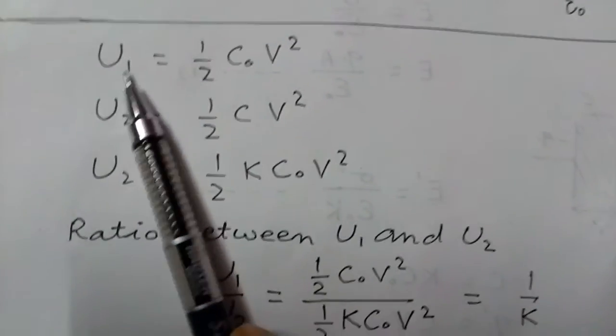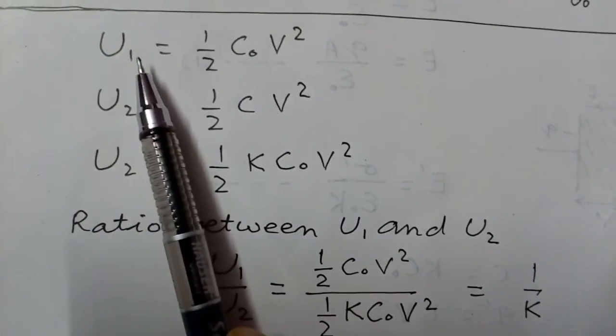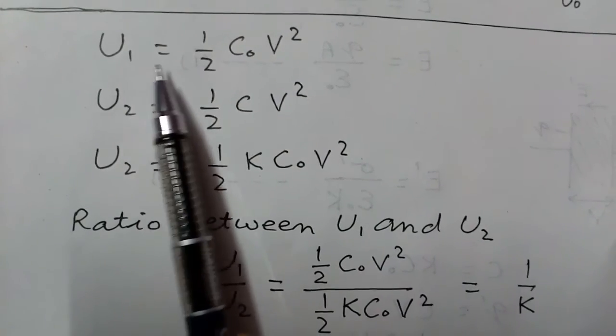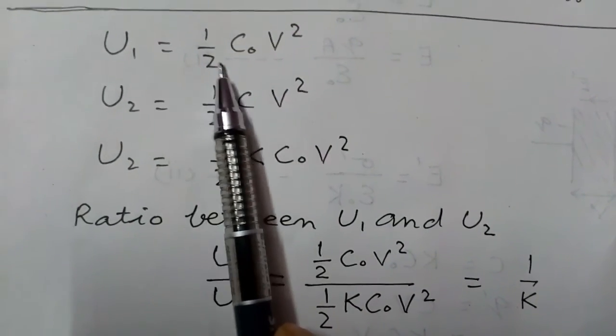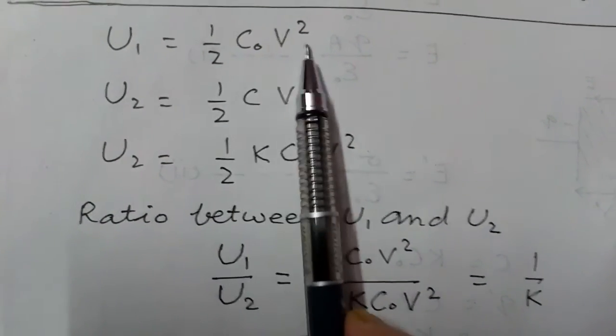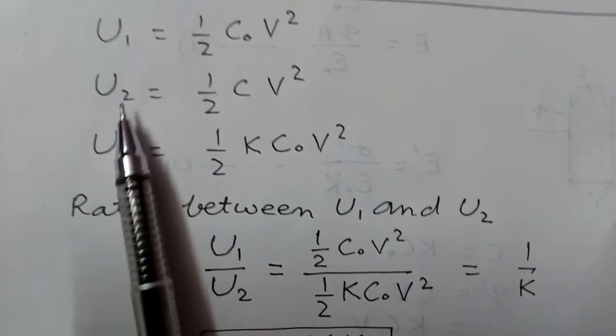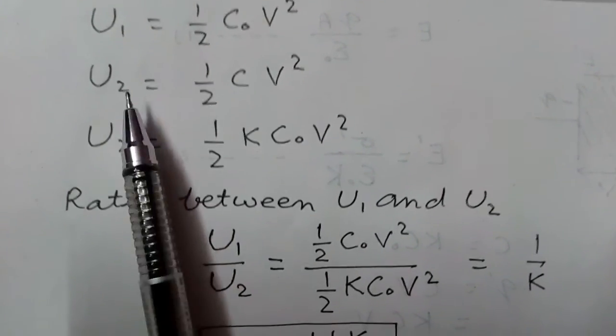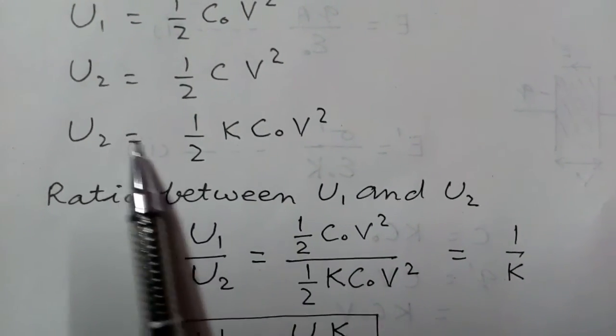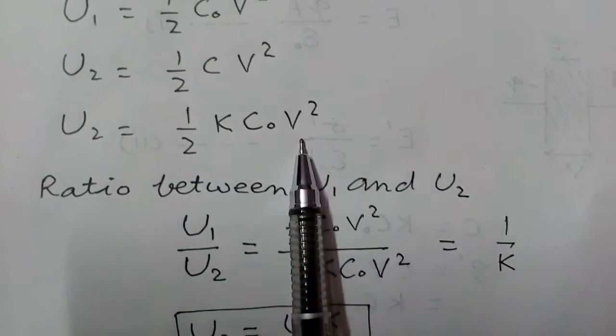Now the ratio of energies. U1 is the potential energy in the first capacitor, half C naught V square. Potential energy when the dielectric slab is there, U2, is equal to half CV square, so this U2 is equal to half K C naught V square.